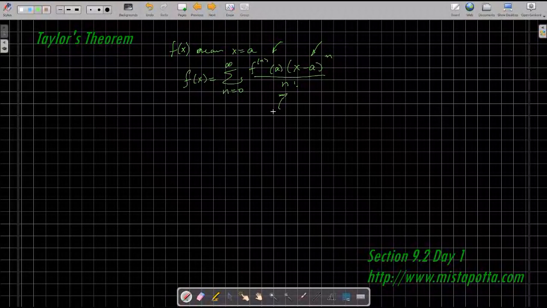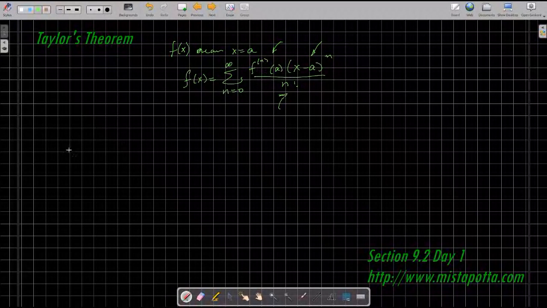And what this means is that if I want to come up with the Taylor theorem for any function, I can do this as long as I can take enough derivatives to see what's going on.